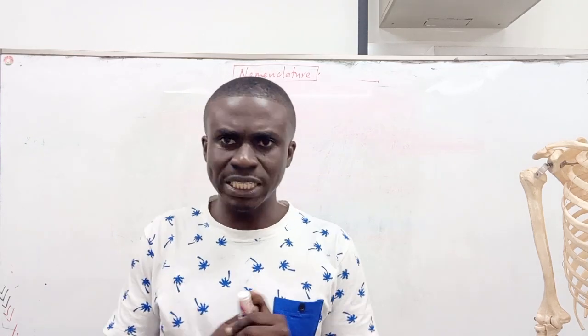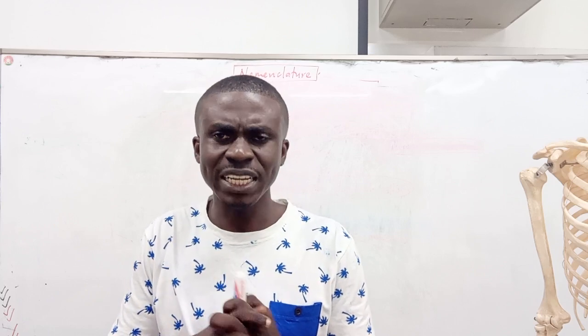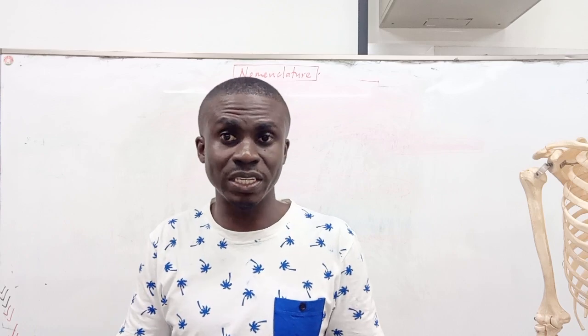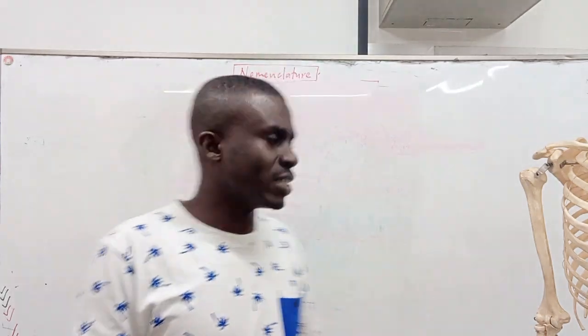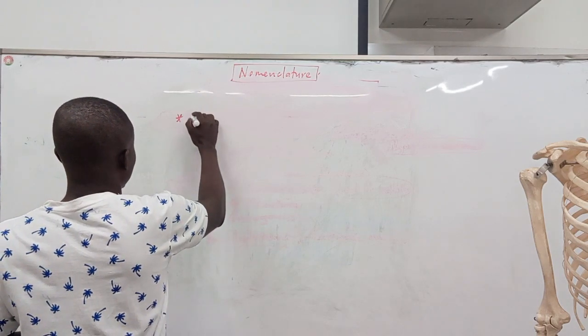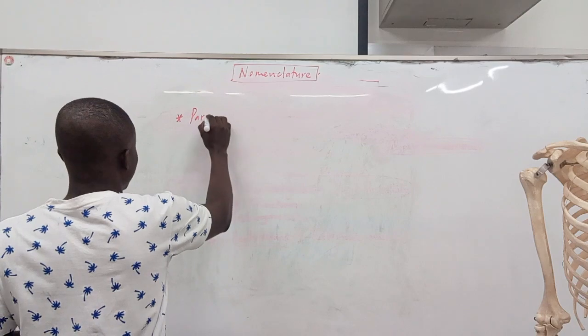Before I go to the nomenclature, there's something important that I want you to know: the arrangement of the muscle fibers. For instance, we can have muscle fibers arranged in a parallel manner.